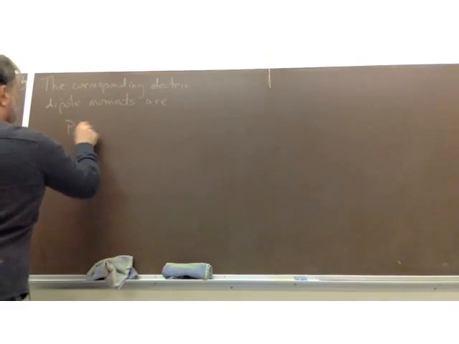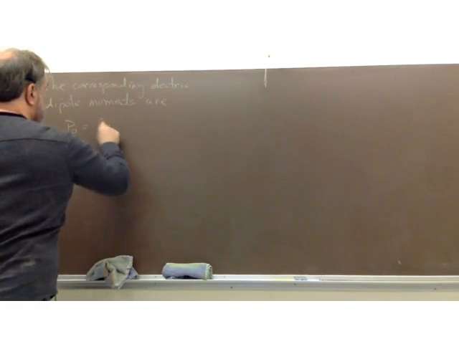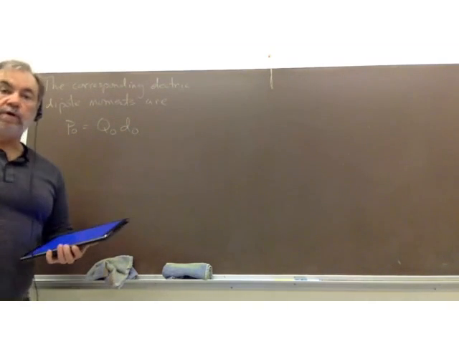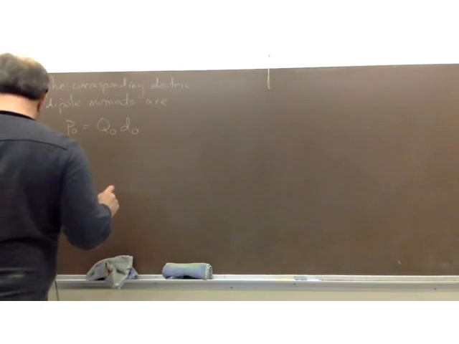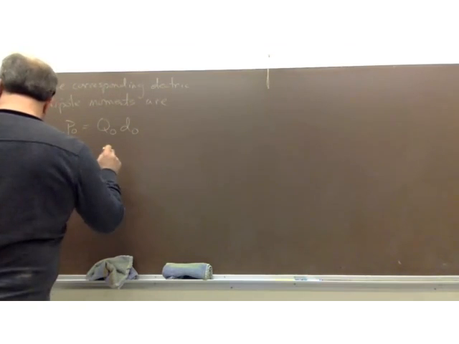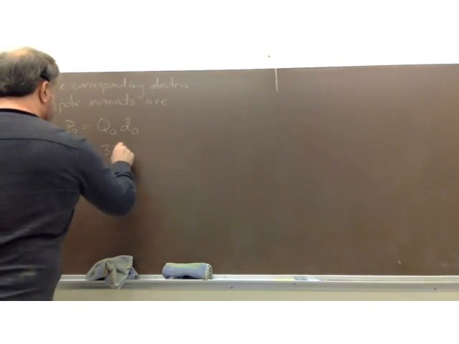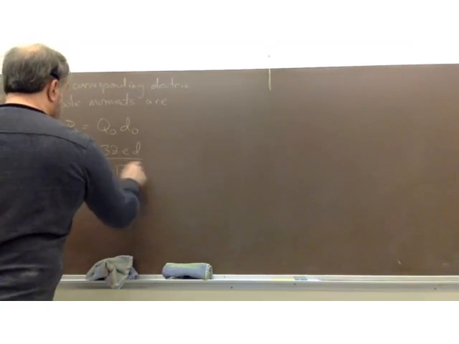The dipole moment for oxygen is simply the charge on oxygen times the moment arm for the oxygen, and I substitute in the numbers, and that's 32 times E times D over 17.